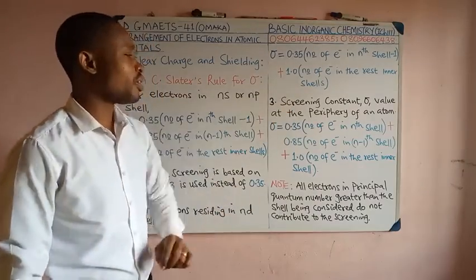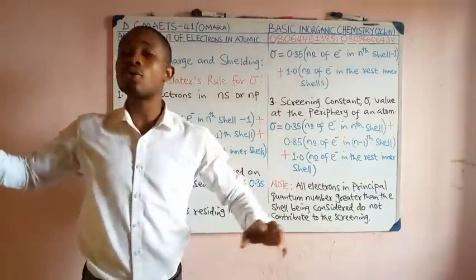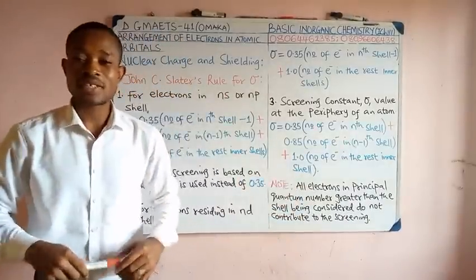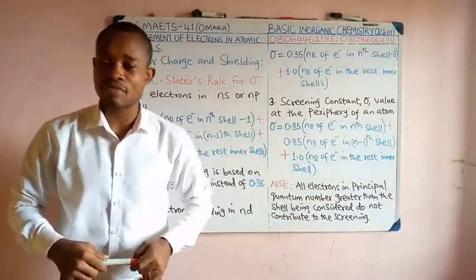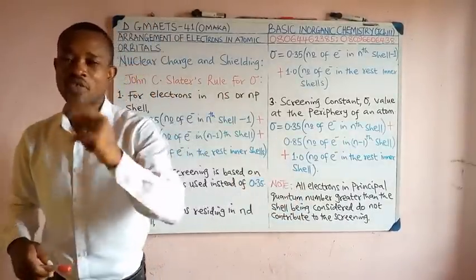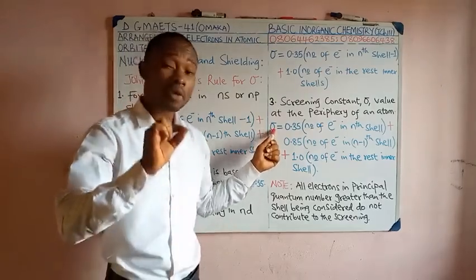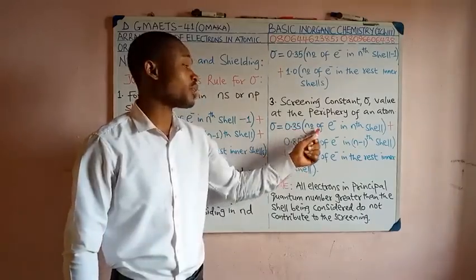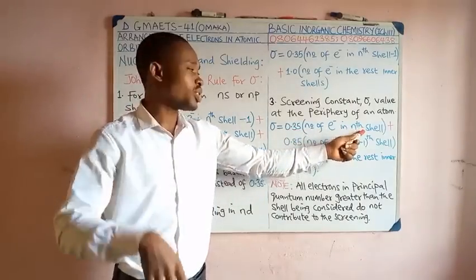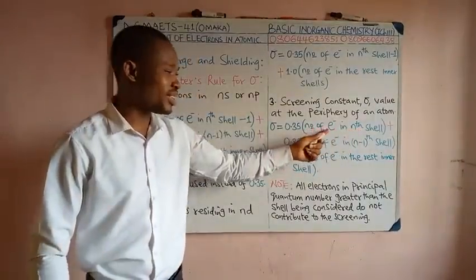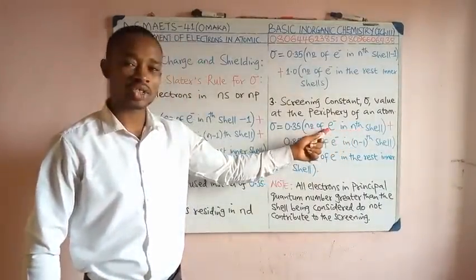Okay, the third part here is when you now consider all the electrons in the atom. That is the situation where you're asked to calculate the effective nuclear charge at the periphery of an atom or an ion. So what do you do about that? The screening is equal to 0.35 times the number of electrons in the n shell. Did you take note that in this case there is nothing like minus 1 electron anymore?